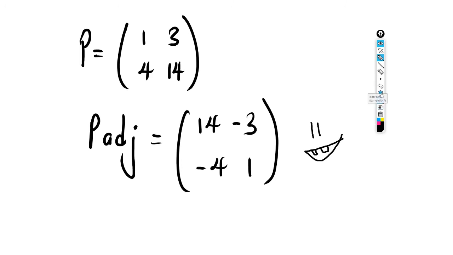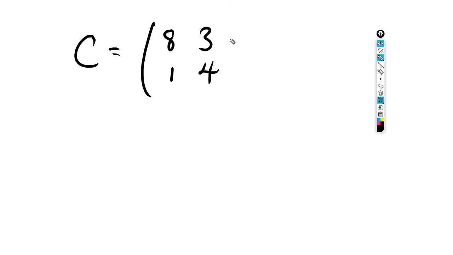Let's clear this and do another one. Let's call this one C, and C is equal to 8, 4, 1, 3. Let's find C adjoint, ADJ for short.